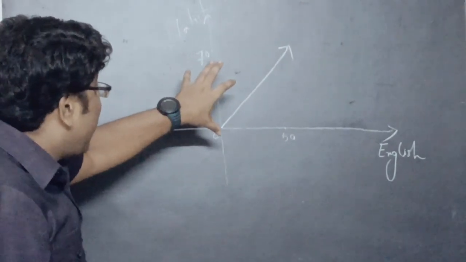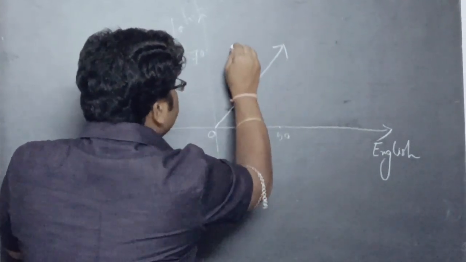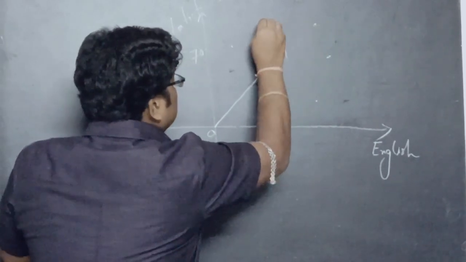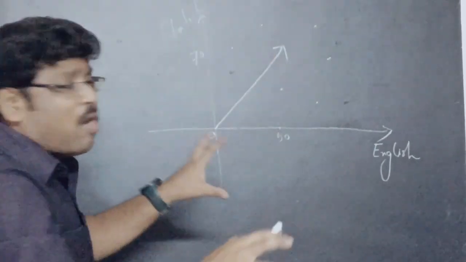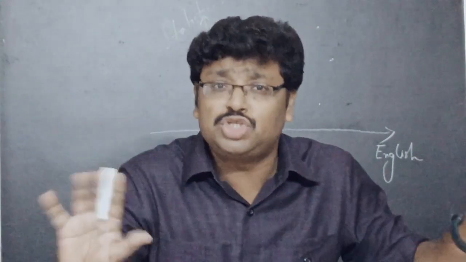And in this space, there are so many points in this way, as I have mentioned. All the points are not similar to each other.